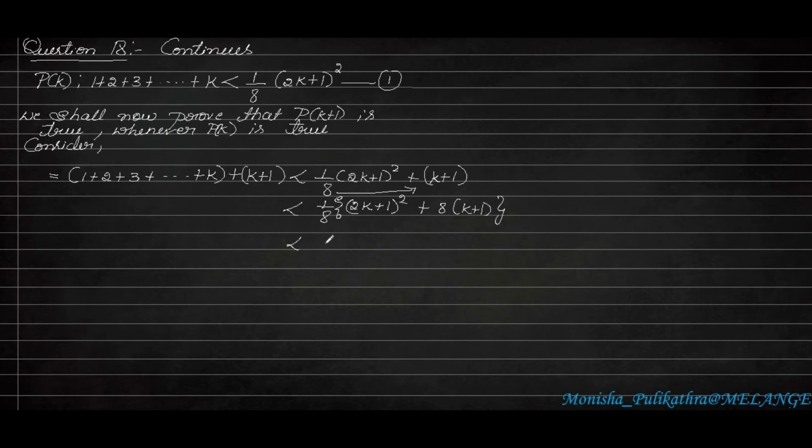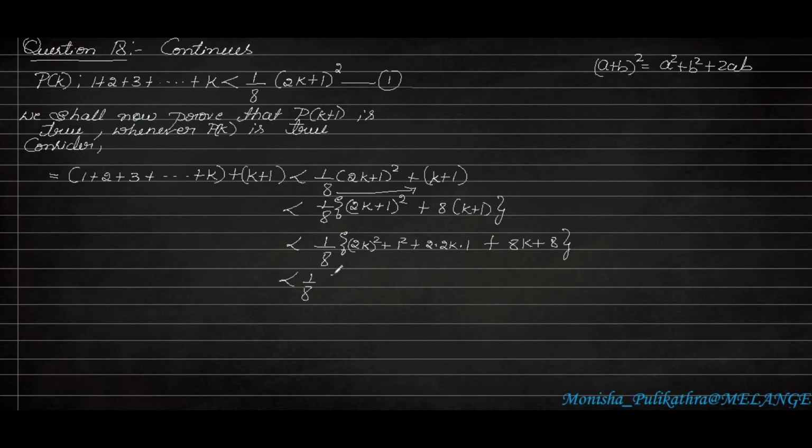So here 1 by 8. So this 2K plus 1 whole square we can change it to A plus B whole square formula. A plus B whole square is A square plus B square plus 2AB. So this will become 2K whole square plus 1 square plus 2 into 2K into 1 plus 8 into K is 8K plus 8 into 1 is 8.